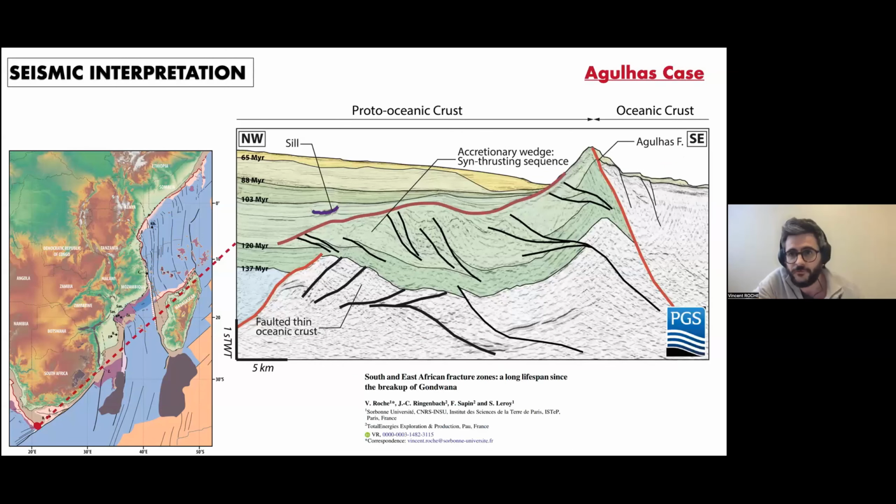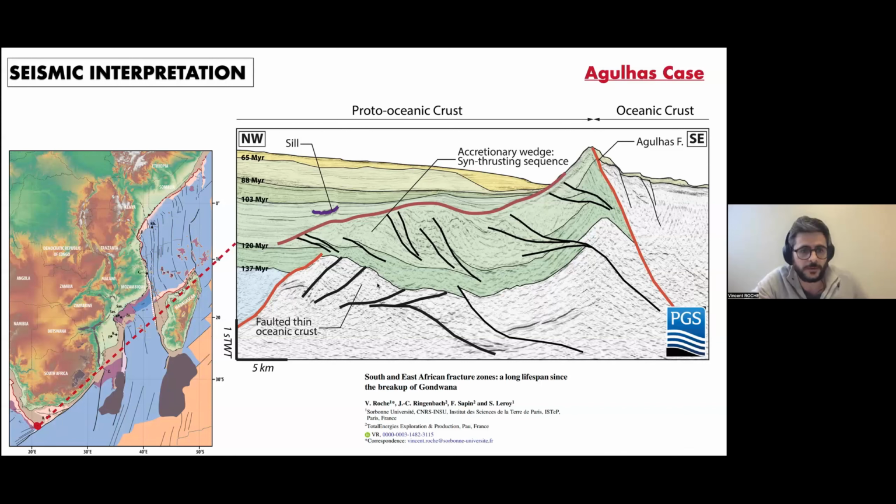Now we go further west, so we are now located along the Agulhas transform fault zone, which is shown here in black, and we have a northwest-southeast section, and here the formation is totally different.